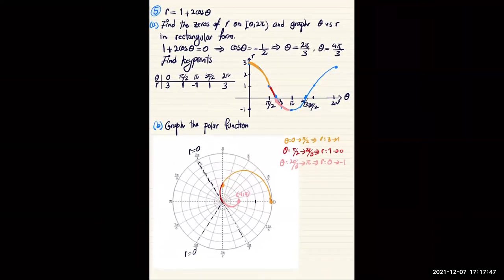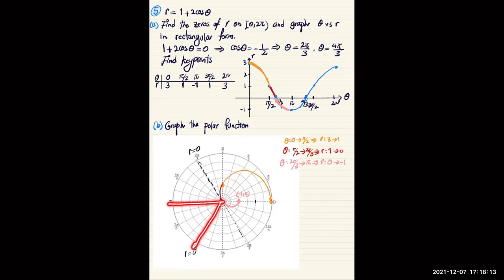All right, so now this piece is when theta goes from pi to 4 pi over 3. I'm not going to write this down anymore. But when theta goes from pi to 4 pi over 3, r goes from -1 back to 0. Okay, so we are talking about this region of the plane from pi to 4 pi over 3.